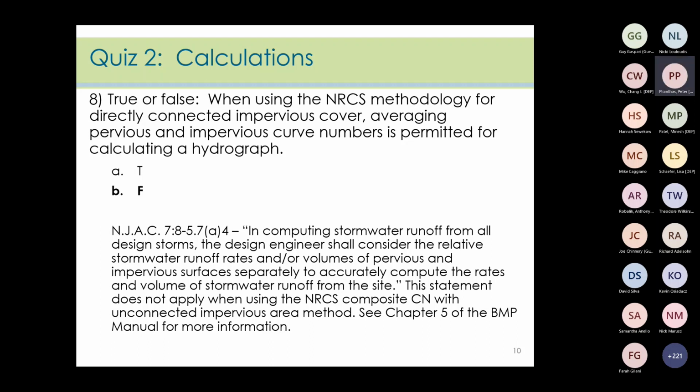In computing stormwater runoff from all design storms, the design engineer shall consider the relative stormwater runoff rates and/or volumes of pervious and impervious surfaces separately to accurately compute the rates and volume of stormwater runoff from the site. Keep in mind, this statement does not apply when using the NRCS composite CN with unconnected impervious area method. See Chapter 5 of the BMP manual for more information.